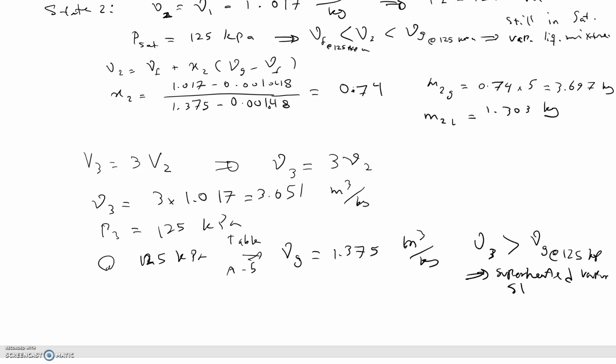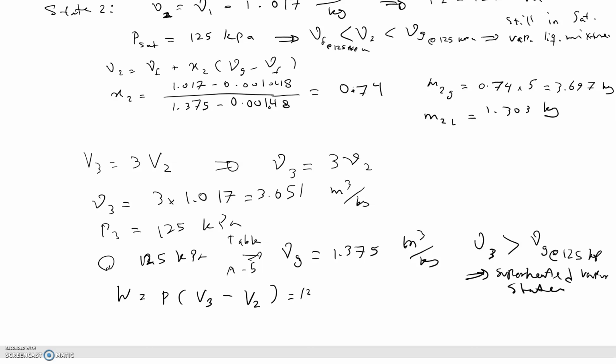vapor state. And your pressure is how much? 125 kilopascal, right? So in order to calculate the work done during this process, you can just simply say work is pressure multiplied by volume 3 minus volume 2.